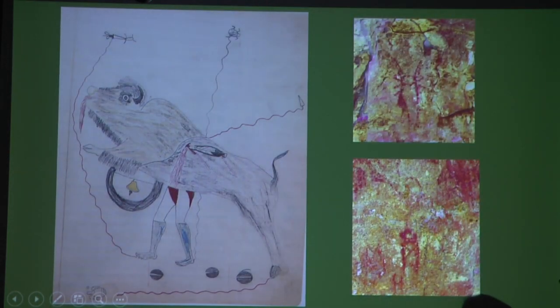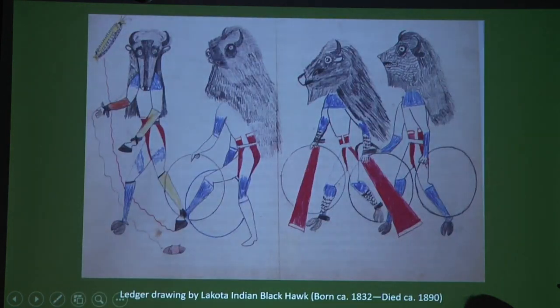This is a more interesting example of ledger art on the left. And look at those doggone insects associated with it. And we got insects associated with this guy out here. We don't understand that. It might be that when the buffalo herds run through the pastures, all the insects fly up and they become part of it, but we don't understand quite what it's all about.